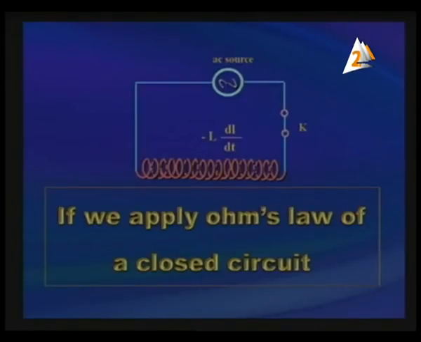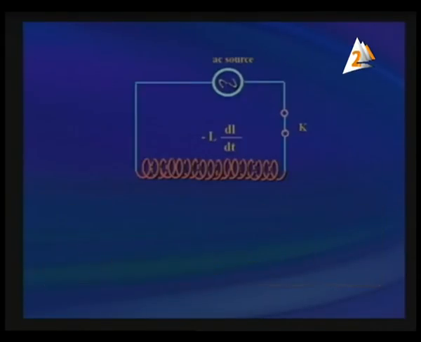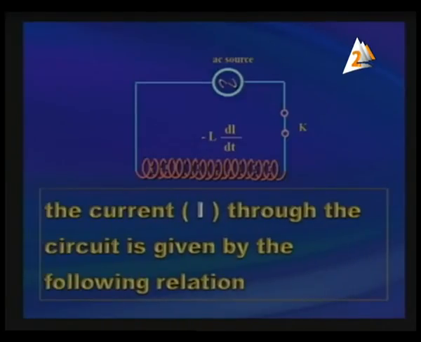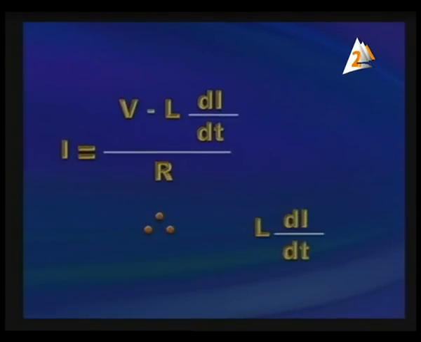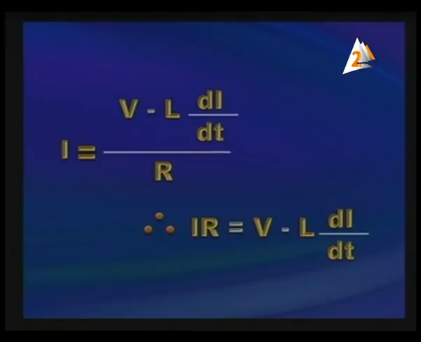If we apply Ohm's law of a closed circuit, the current through the circuit is given by the following relation. The current equals V minus L di over dt, where L di over dt is the EMF induced by self-induction, over R. So we can say the product of IR is equal to V minus L di over dt.